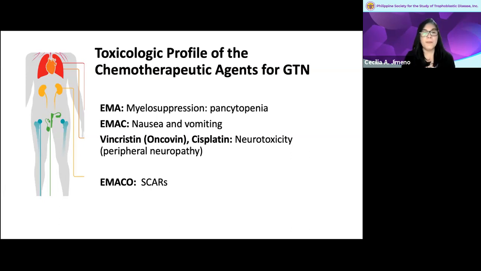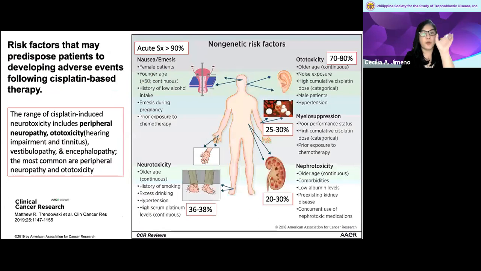Now, all of the EMACO drugs do tend to cause or have been associated with SCARs. Now, I just want to focus on one of the drugs, and this is cisplatin. Just to emphasize that cisplatin is very important in that it not only causes nausea and vomiting and neurotoxicity in terms of the peripheral neuropathy, which is quite common.